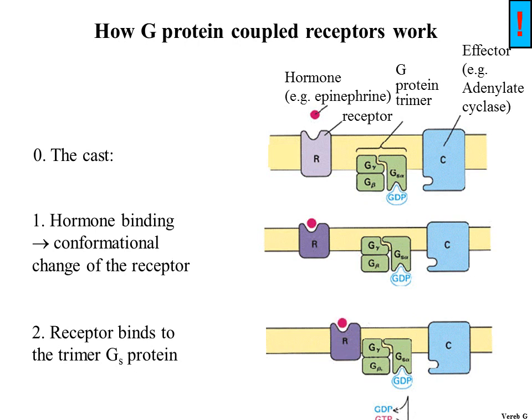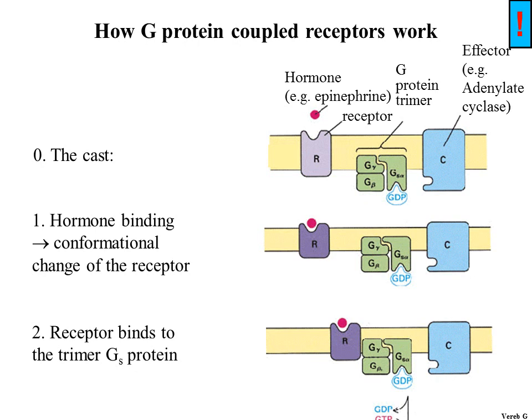Who does it forward the message to? Well, you already have learned about G proteins when you learned about nuclear transport. You learned about the RAN proteins, and also we have mentioned during our studies on the cytoskeleton various proteins like RAC and Rho, which are also G proteins.